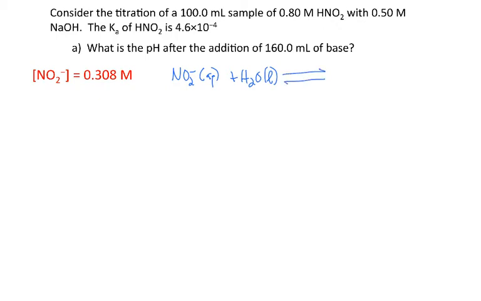NO2 minus is a weak base, so I'll need my equilibrium arrows. If it's a base, it's going to be a proton acceptor, so the products are going to be its conjugate acid and OH minus.